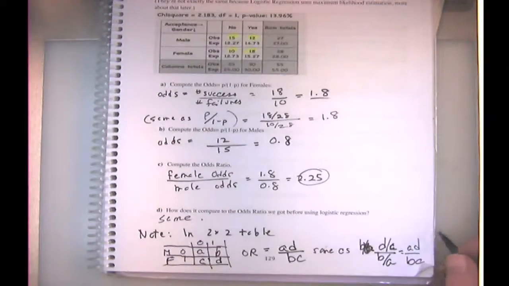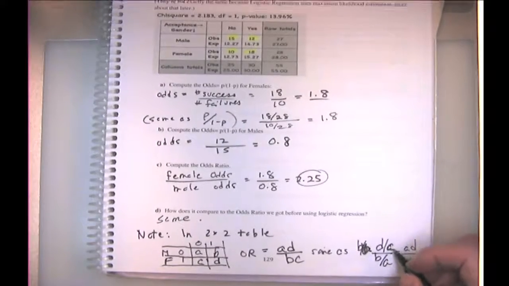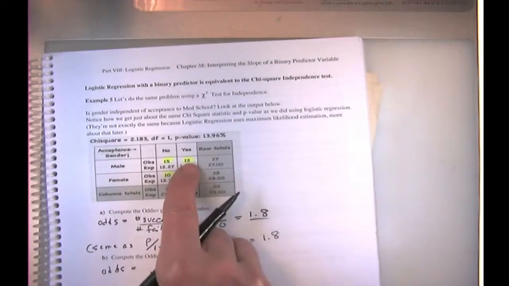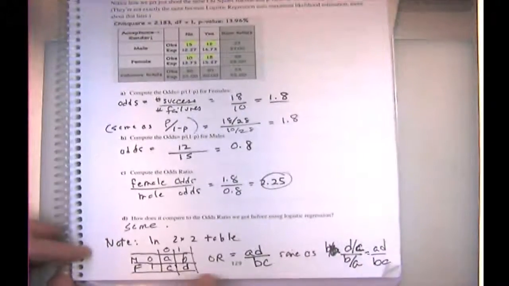I'm just saying 18 over 10 divided by 12 over 15. So just D over C.